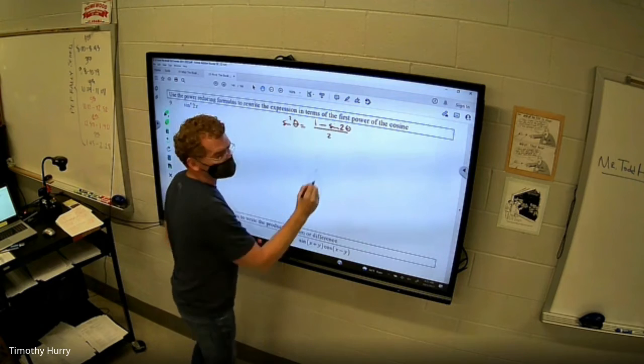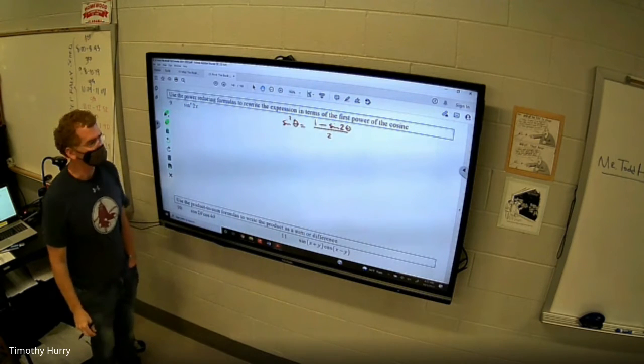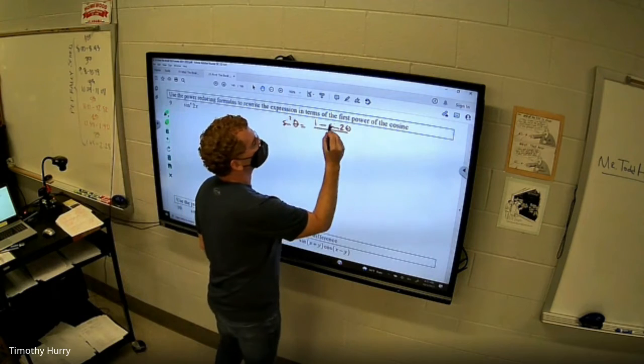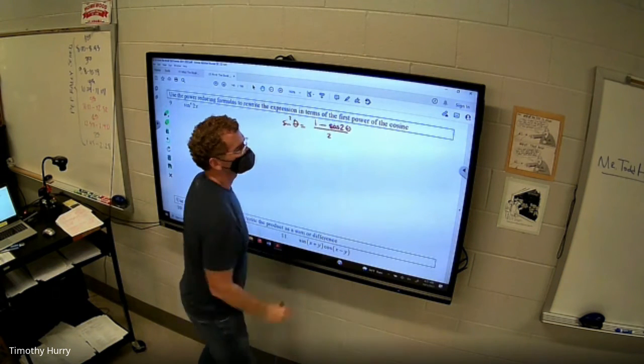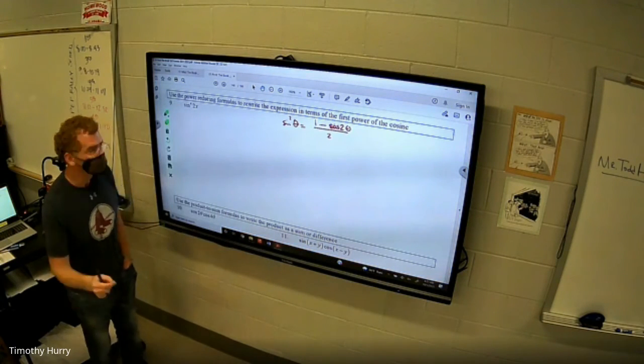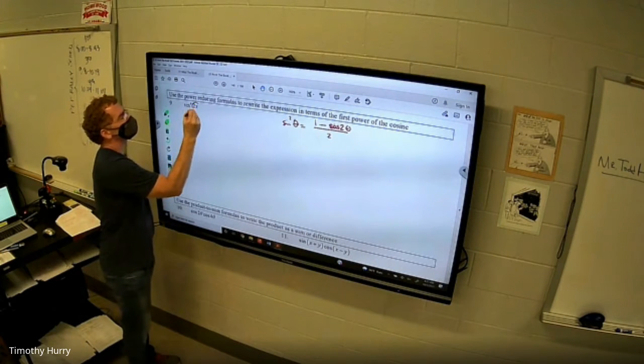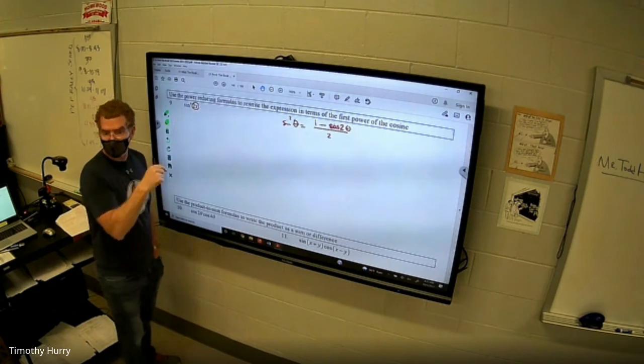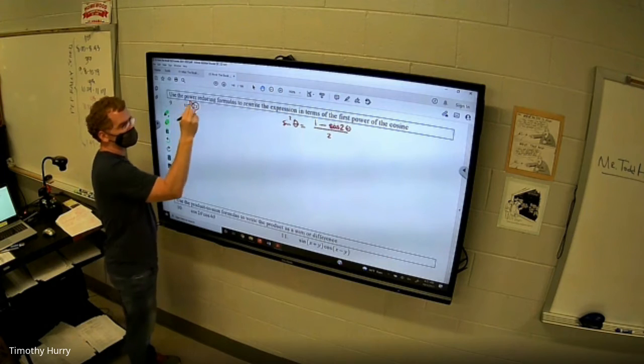Twice the angle over 2? Oh, sorry, yes. 1 minus cosine of 2 theta. Well, here, what's my theta? 2x. And it's a 4, not a squared.